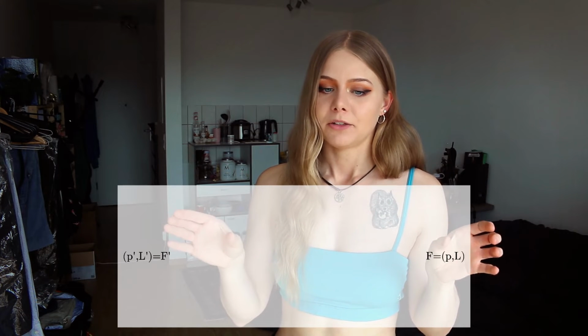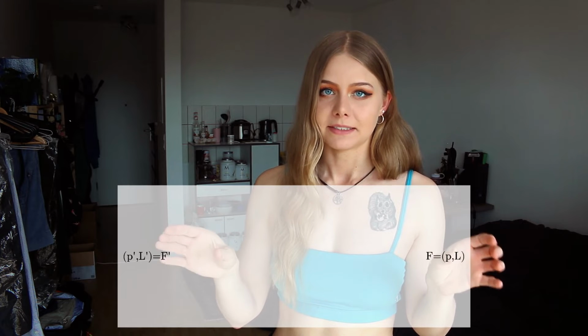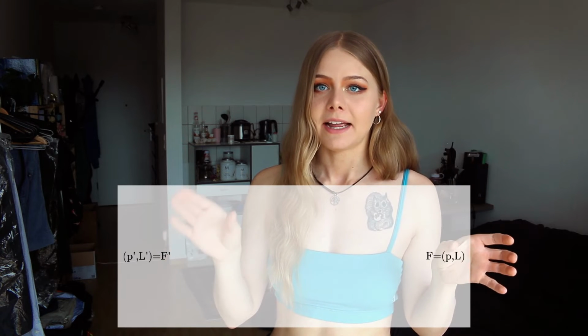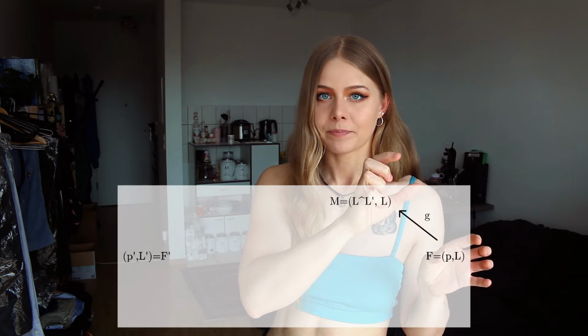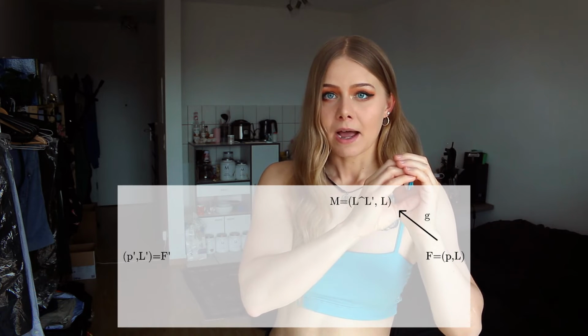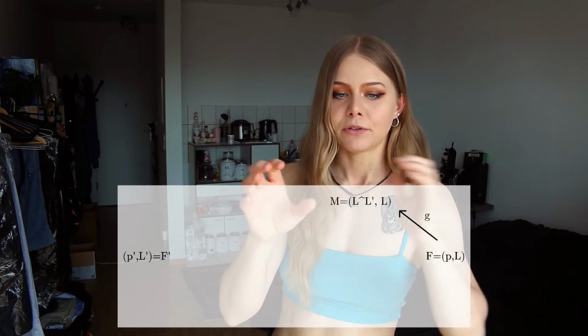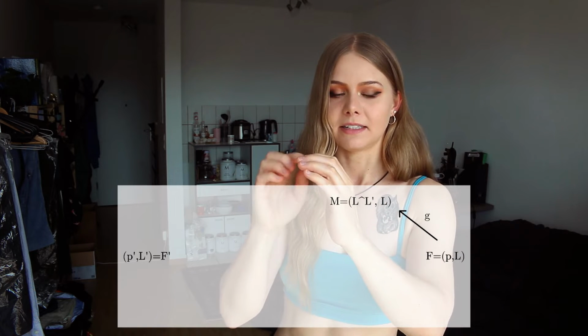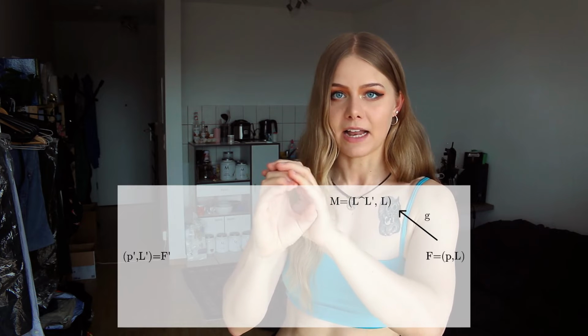We know that two lines always intersect, so L and L prime have an intersection point. We can go from this flag to the next flag by changing P for the intersection point of L and L prime. Then from there we can change our line and go to a flag that has the intersection point and the line L prime.